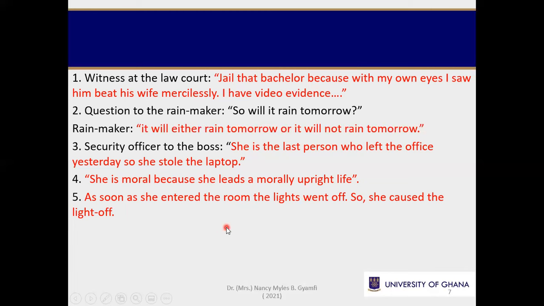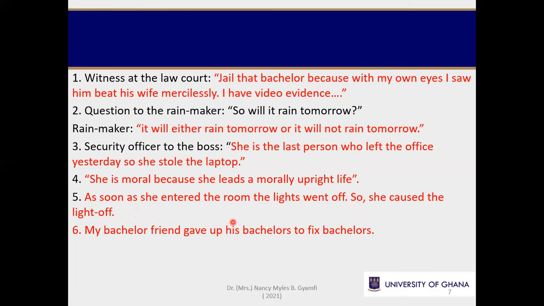As soon as she entered the room, the light went off, so she called the light off. Typically African. I'm a proud African, but it's typically African. As soon as that black cat crossed my path, I dropped the spoon. So it is the black cat that caused it. This witch of a grandma.